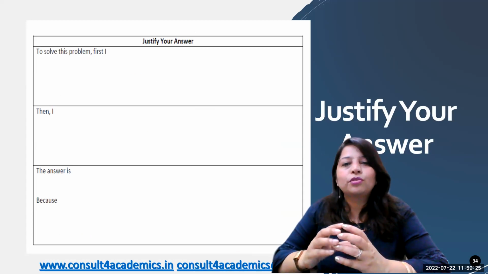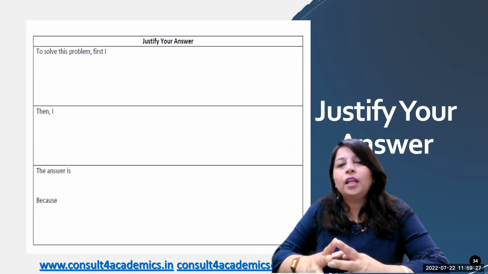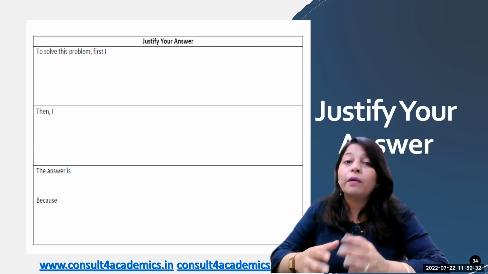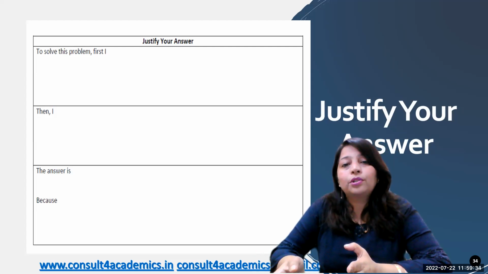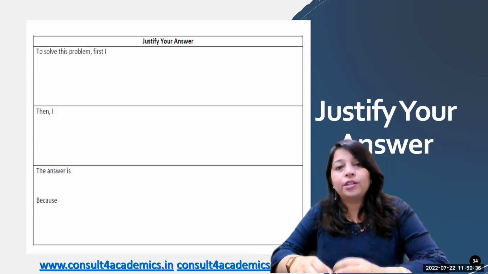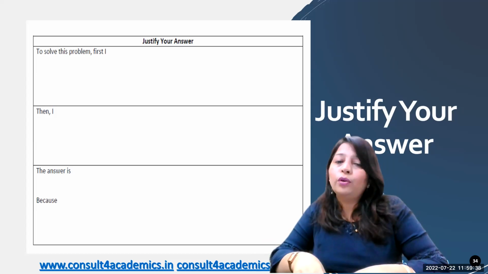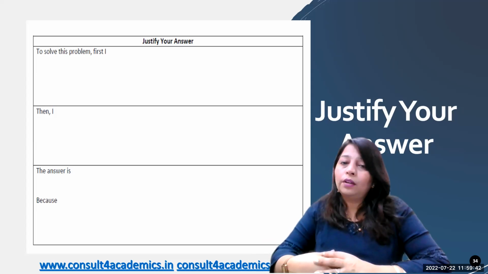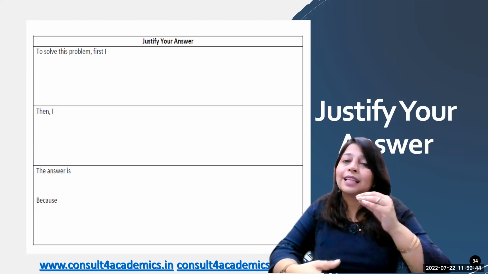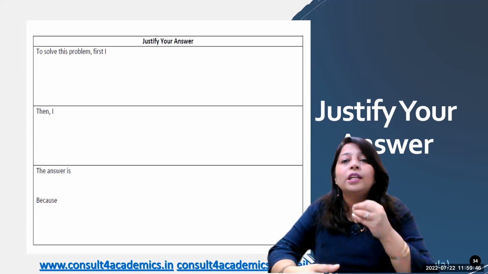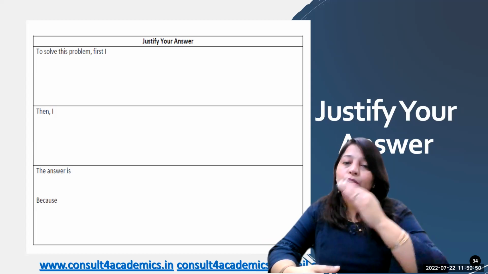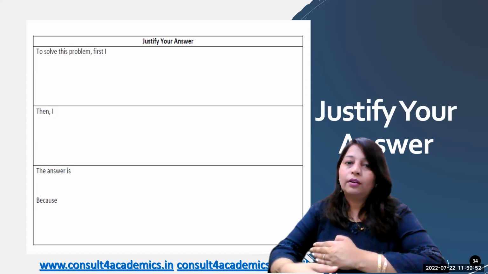Now, if the children they have given you any kind of answer, solution to a problem, you have to ask them how you have come to this conclusion, how you were able to solve it, what were the steps, what did you do first, then what did you do, then how you came to the conclusion. So they'll be able, this is actually called computational thinking, dividing the problem solution into different steps, right?